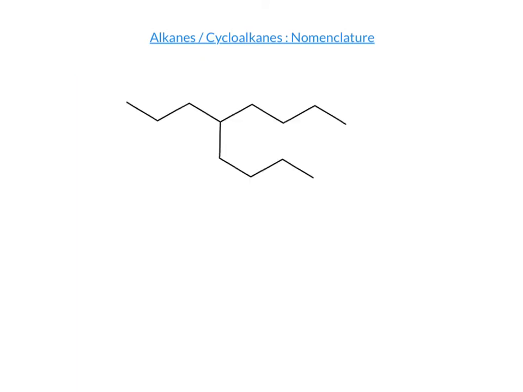Now let's find out the parent chain in this compound. If we start from the left, we have 1, 2, 3, 4, 5, 6, 7, 8 carbons. Well, if we start from the right, we're going to have 1, 2, 3, 4, 5, 6, 7, 8, 9 carbons.